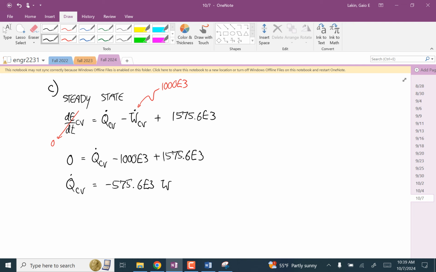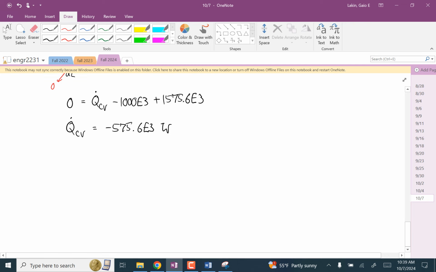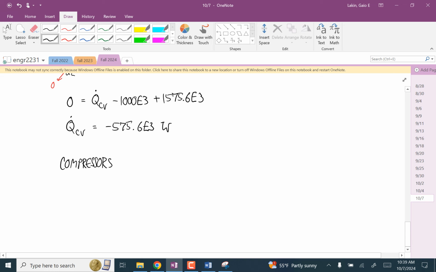And then the last two types of devices are compressors and pumps. Compressors are when we're talking about gas or vapor.